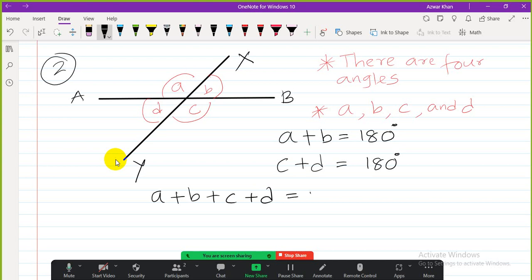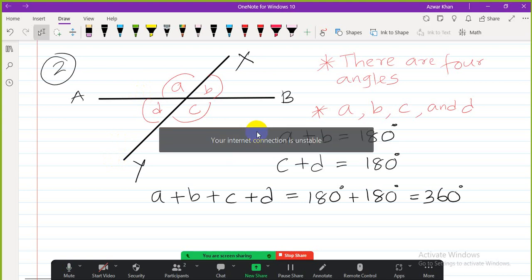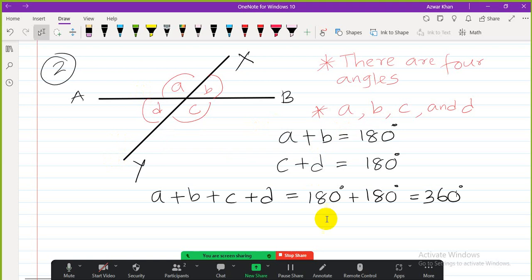It equals how much? 360 degrees. Yes. So the sum of all these angles equals 360 degrees. Is that clear? Any question, Isa? No, sir. Okay, please copy this down.